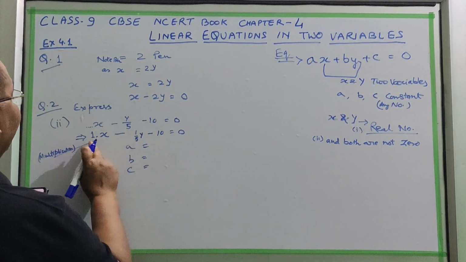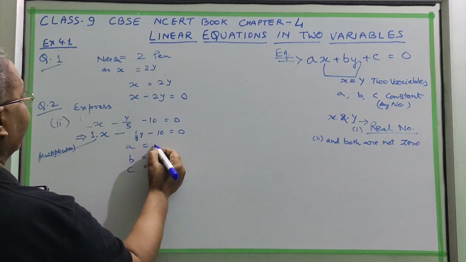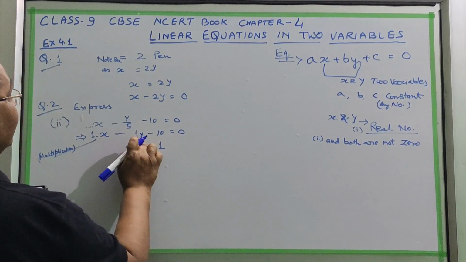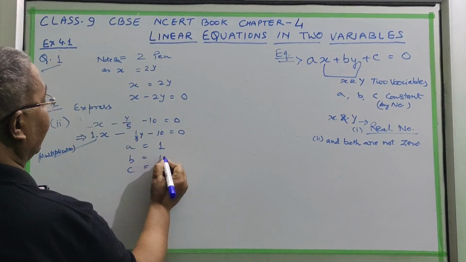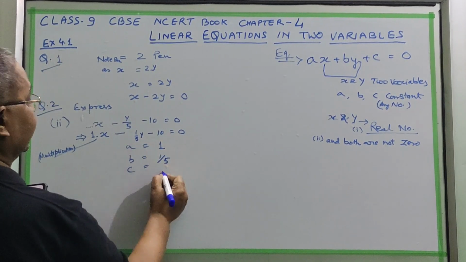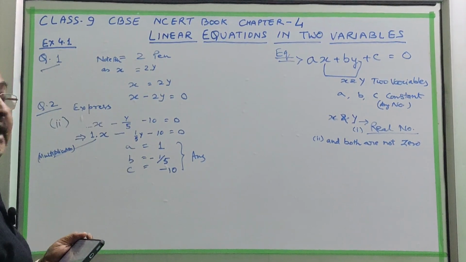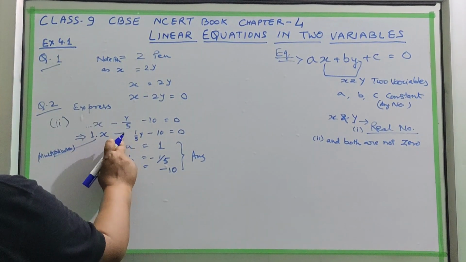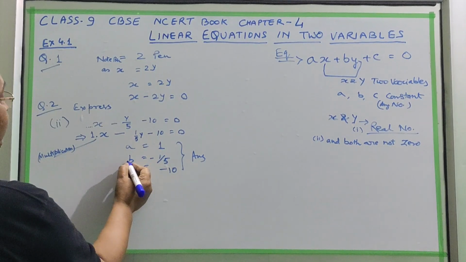So a is equal to 1, b is minus 1 upon 5, and c is minus 10. So this is your answer. Here y means minus 1 upon 5y, so you have to write minus 1 upon 5.